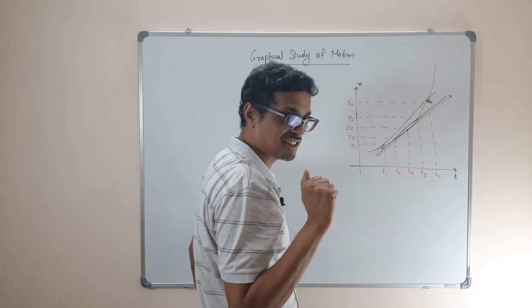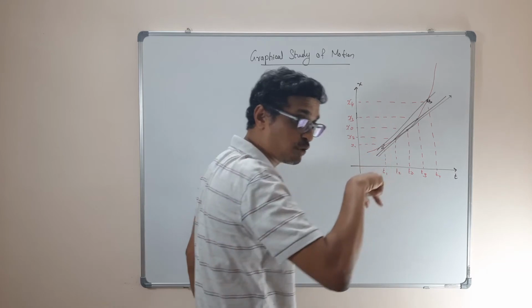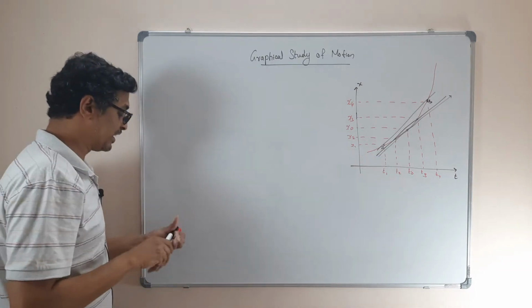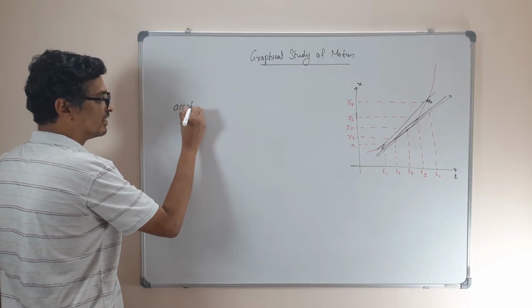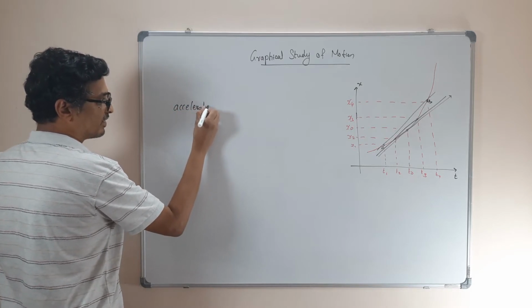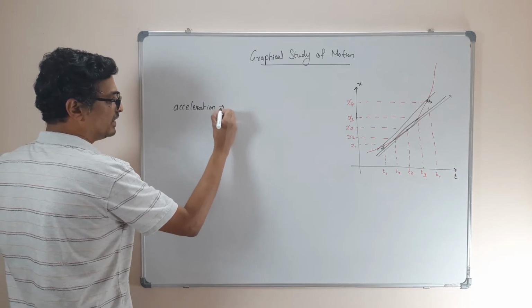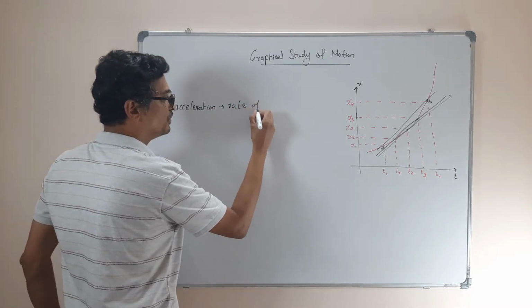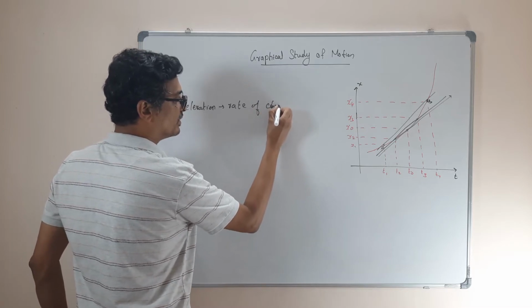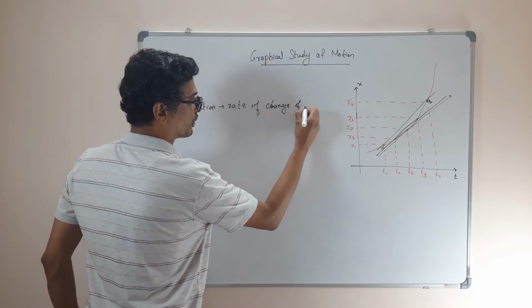Velocity is going to change. Then I can define another quantity and I call that quantity what? You know that. Acceleration, right? And what is acceleration? Acceleration is the rate of change of velocity.